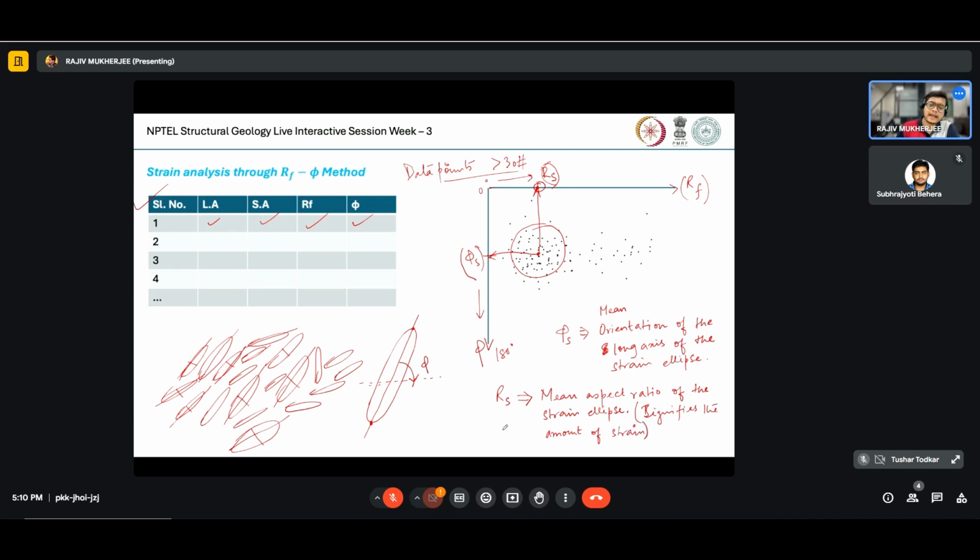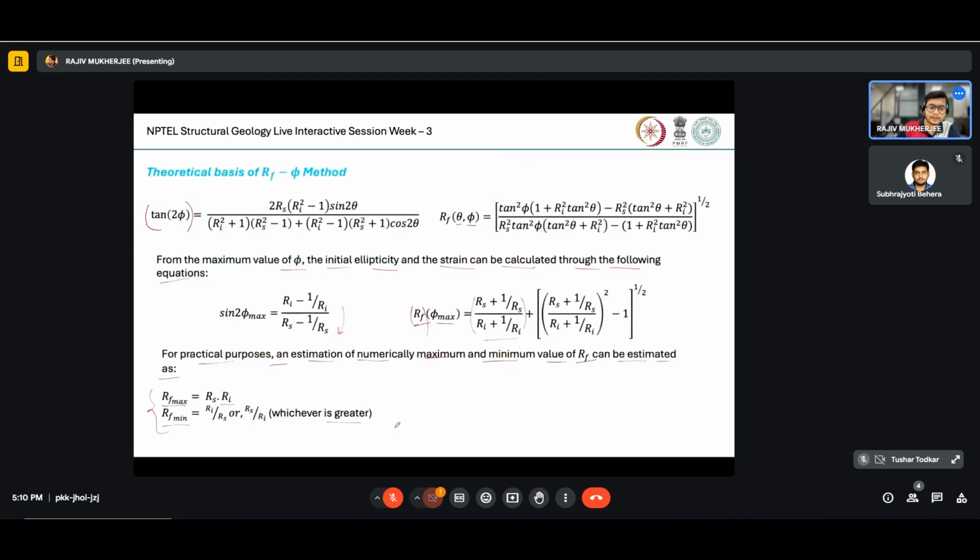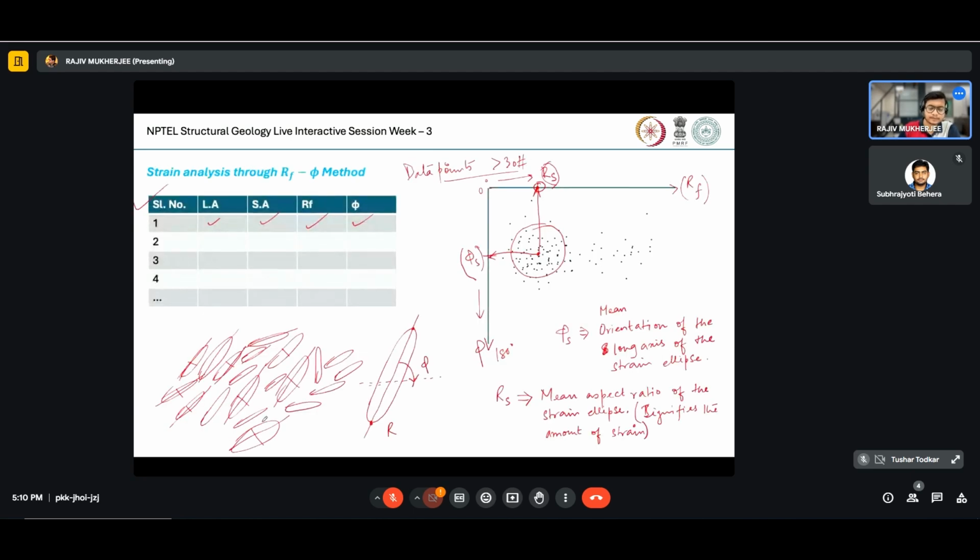Okay, and using the formula, this one or this one, for example, Ri we can get as Rf max by Rs. Now where do we get the Rf max? We see which is the highest value of Rf.